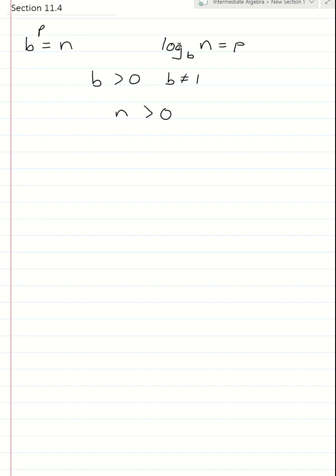In section 11.4, we're going to talk about various properties of logarithms. Okay, these are statements that we know to be true, okay, and we can use them to do different things.